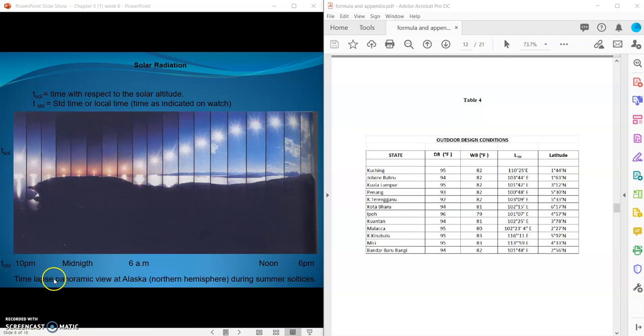For T standard, here is 10 p.m. and midnight also. The sun is not totally dark like here in Malaysia, but just going below the horizon, and then straight away at 6 a.m. it keeps rising until noon and until 6 p.m. in the evening.